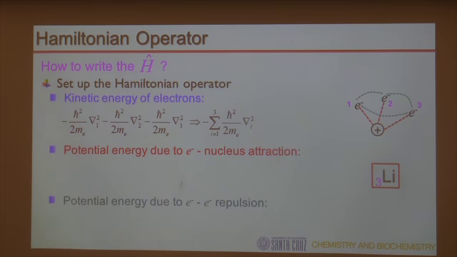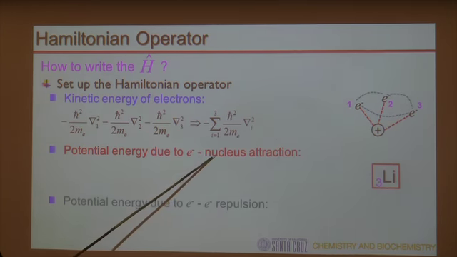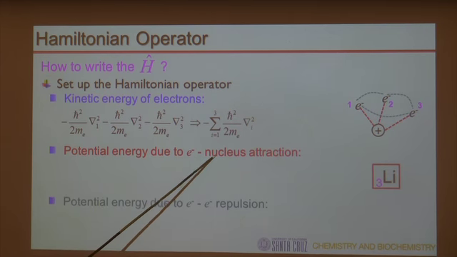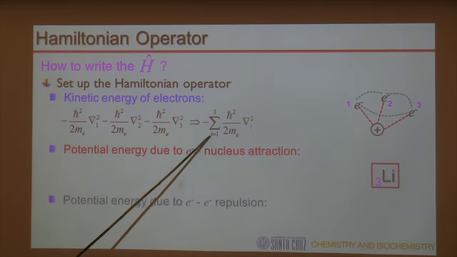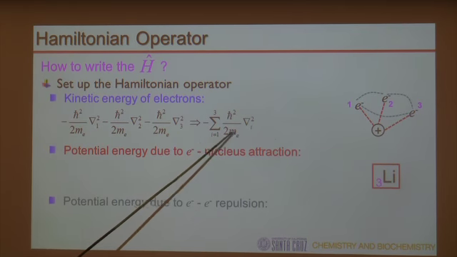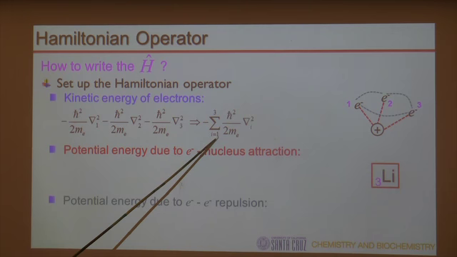Especially useful for those atoms with more than 3 or 4 electrons. Okay. So can everybody read the summation sign? It's basic math. The sign means you add all the things with respect to i, from 1 to 3.